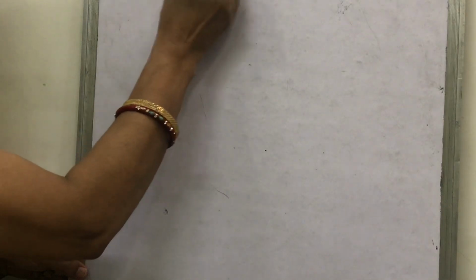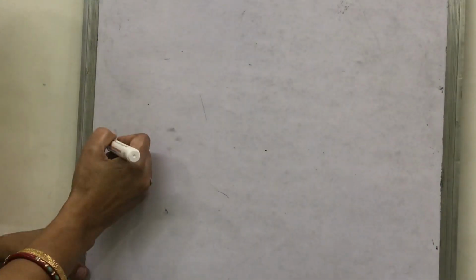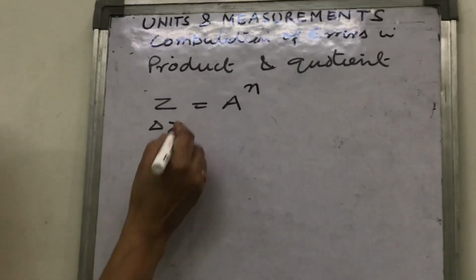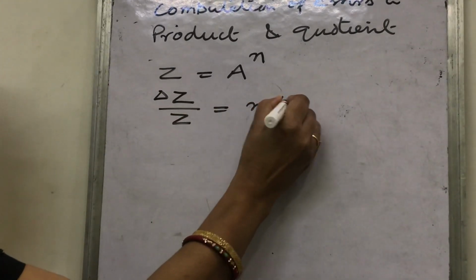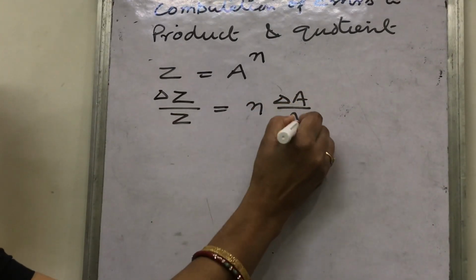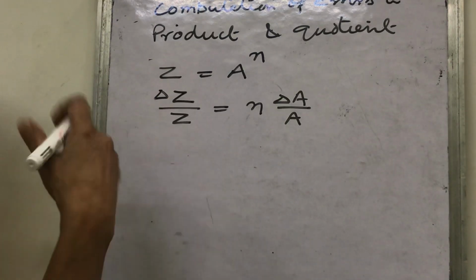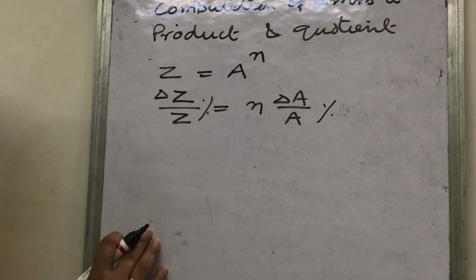When there is a power, suppose Z is given as A to the power n, then you know what will be the error in Z? Delta Z upon Z, suppose it is written, then it will be n into delta A upon A. You know delta Z upon Z is relative error. If it is written in terms of percentage, this is percentage error.